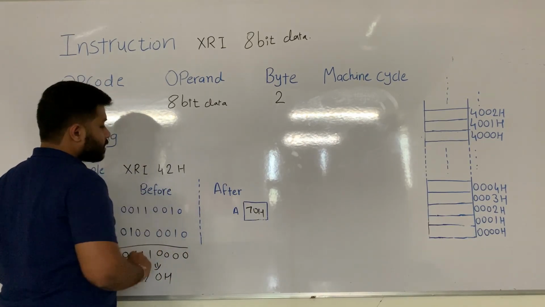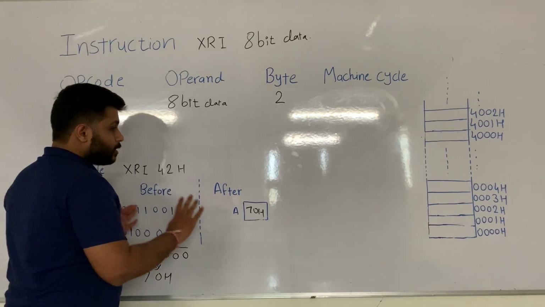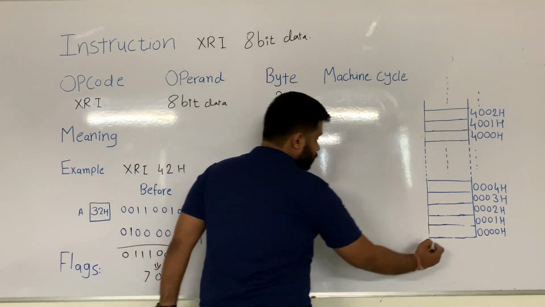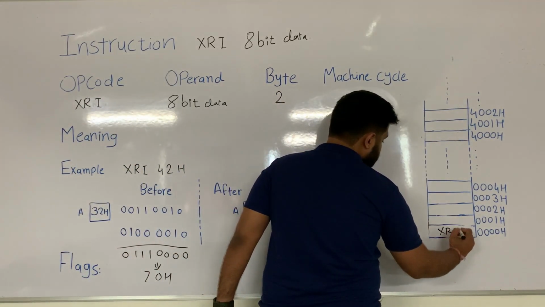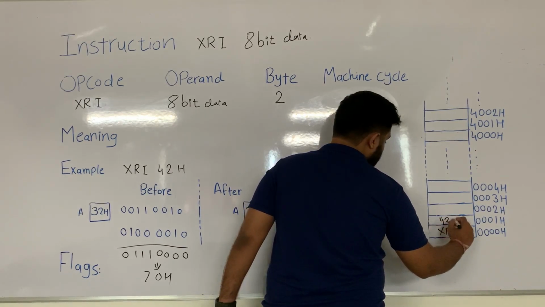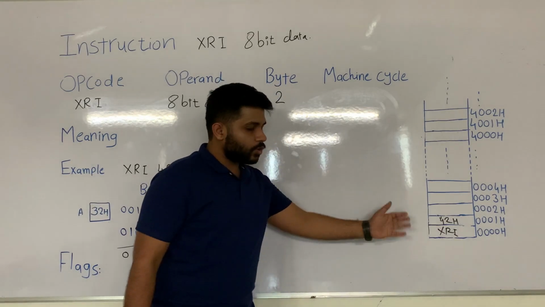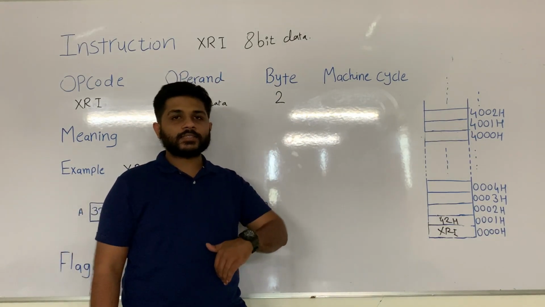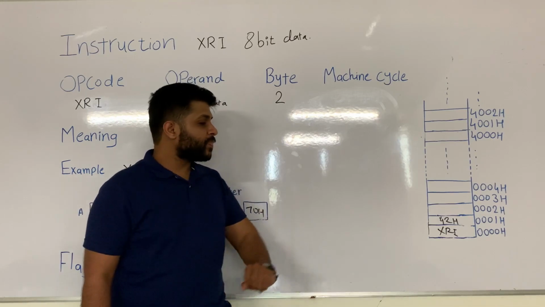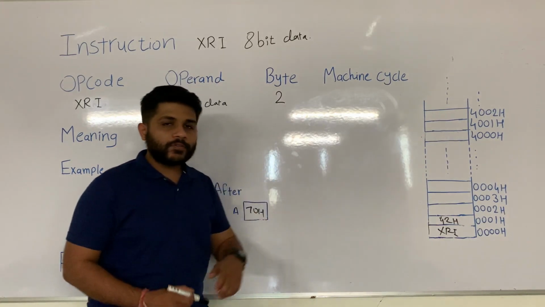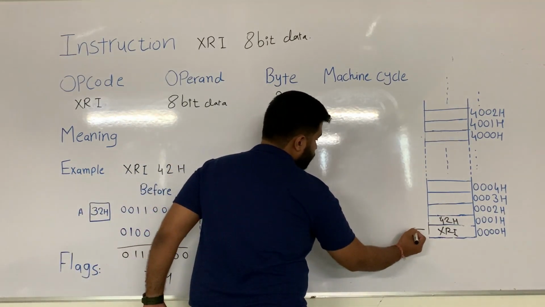When this instruction XRI 42H is stored, in the first location the opcode will be stored, and in the second, the data will be stored. After the instruction is stored, the processor will start doing its task, that is to fetch, decode and execute. To fetch, the processor will perform the first machine cycle, that is opcode fetch.